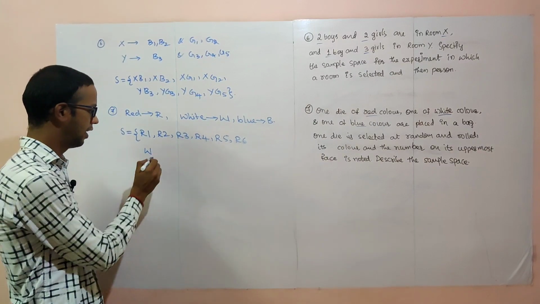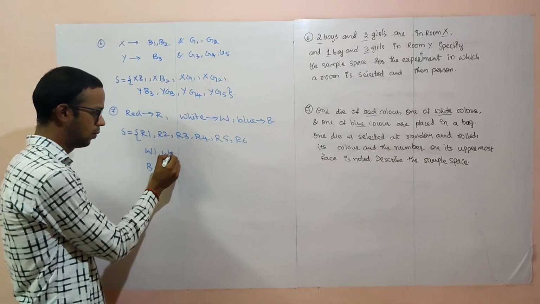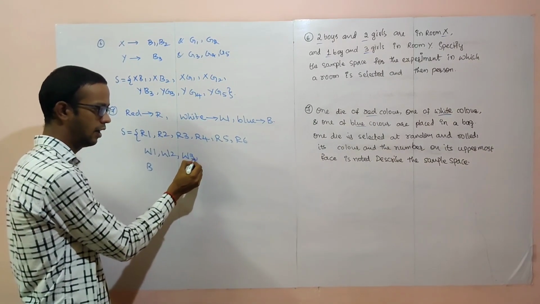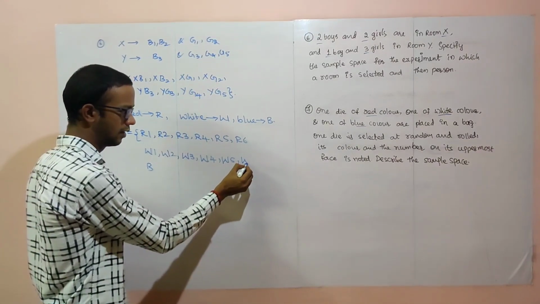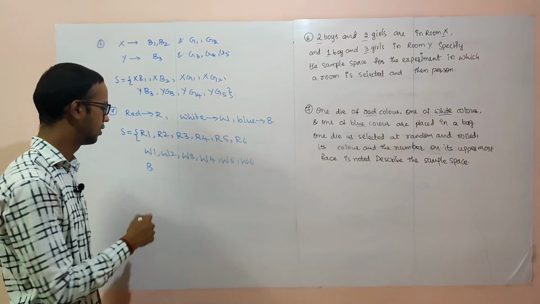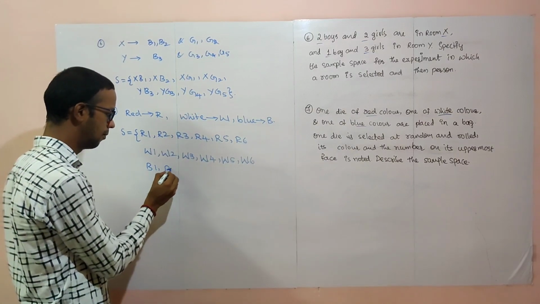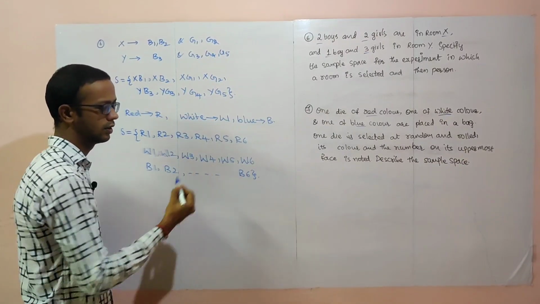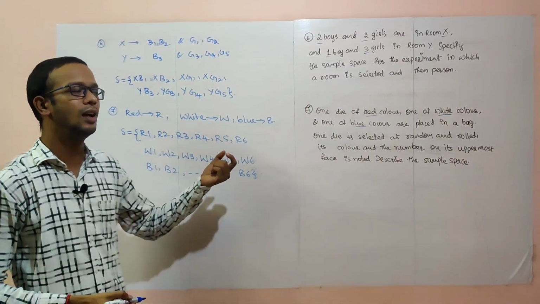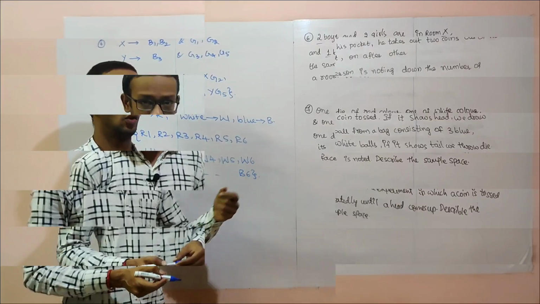Similarly, we can get white 1, white 2, white 3, white 4, white 5, white 6. Next, we can also get blue 1, 2 and so on up to blue 6. So this is the sample space of the 7th question.